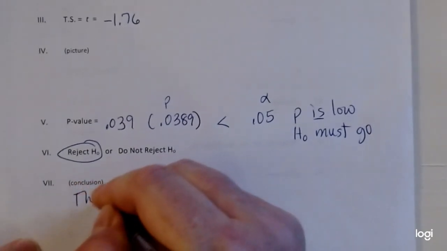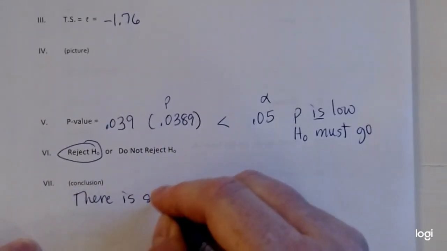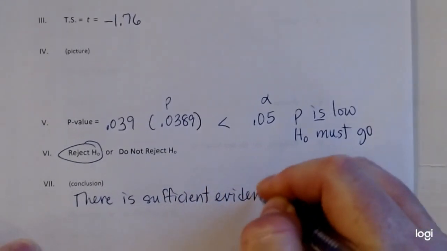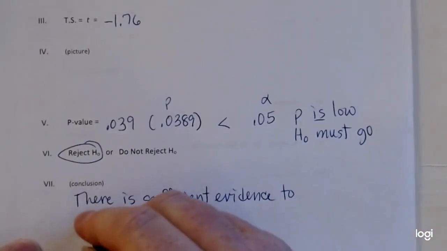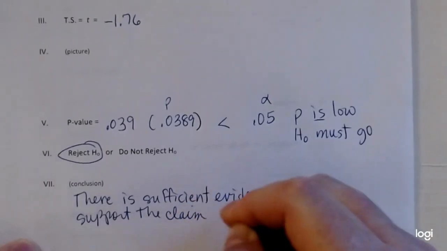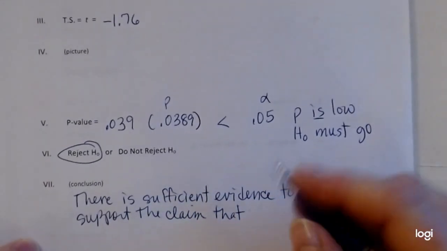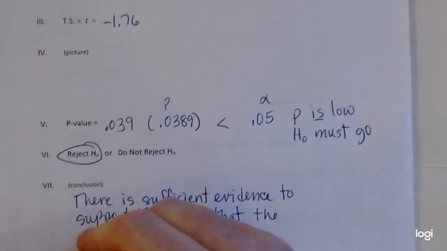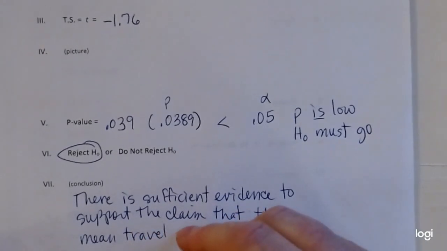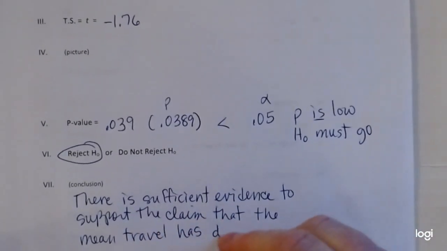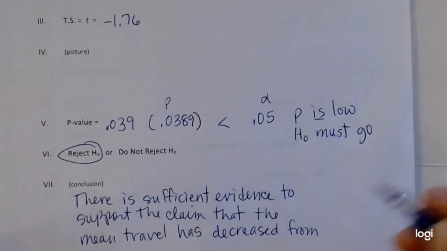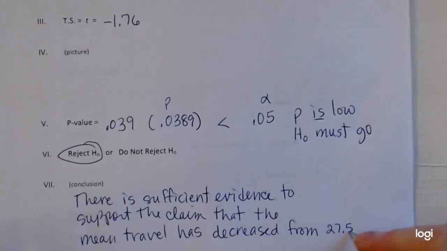and we say there is sufficient evidence to support the claim that the mean travel time is lower or has decreased from 27.5 minutes.